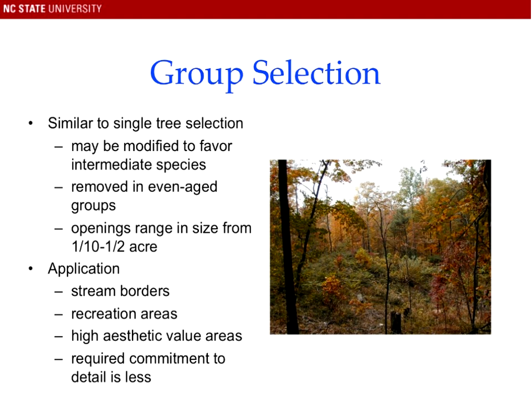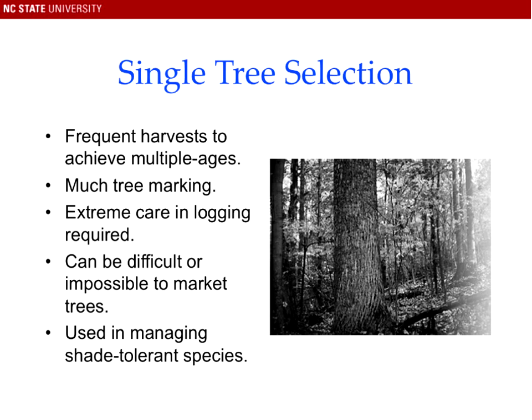Group selection tends to require less commitment to detail. We'll contrast that to single tree selection, where you have to have frequent harvest if you're going to achieve multiple ages. It requires a lot of tree marking and expense. You have to have contractors that know how to take extreme care in logging, because they're taking out stems that are surrounded by trees that you want to leave and not scar up.